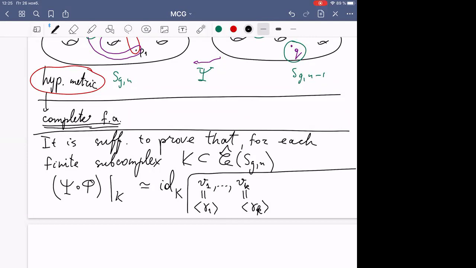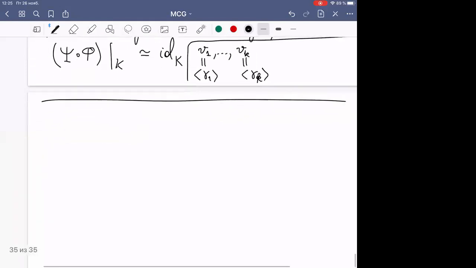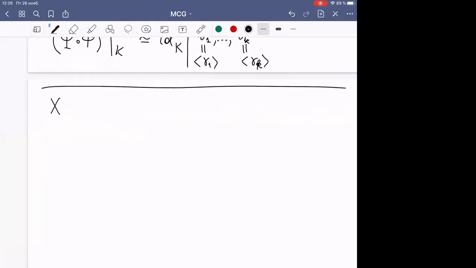No, a general fact: if we have X and Y CW complexes, oh, sorry.